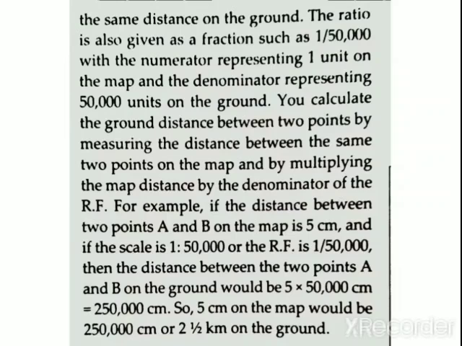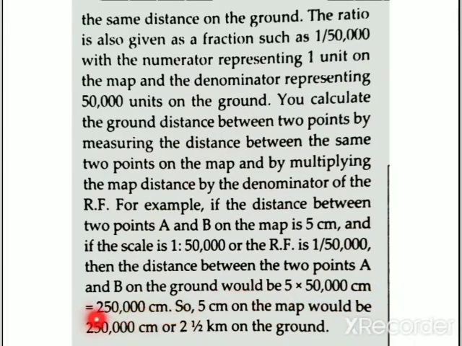For example, if the distance between 2 points A and B on the map is 5 centimeter, and the scale is 1 is to 50,000 or the RF is 1 by 50,000, then the distance between A and B on the ground would be 5 into 50,000 centimeter, that is equal to 250,000 centimeter. So 5 centimeter on the map would be 250,000 centimeter or 2.5 kilometer on the ground.